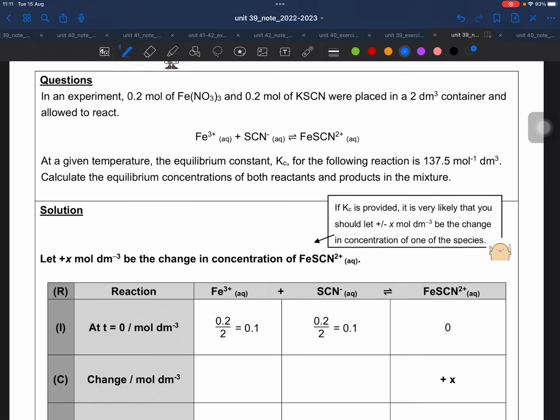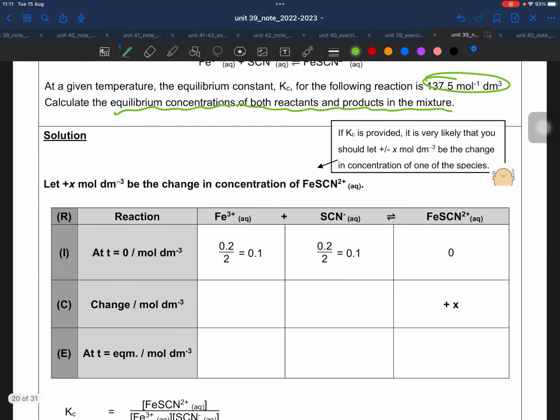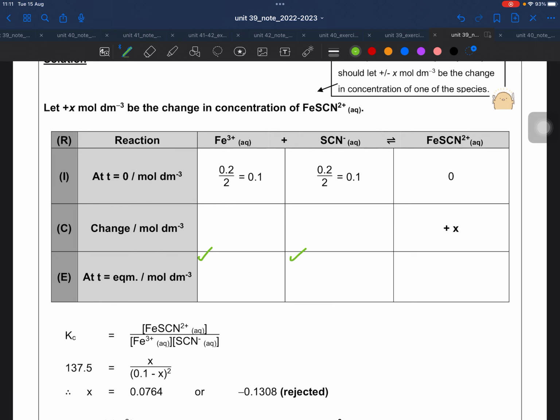Let's see. Here again we have mole and volume. You are given the value of Kc and find the equilibrium concentration for both reactant and products. That means you are required to fill in all these 3 boxes.